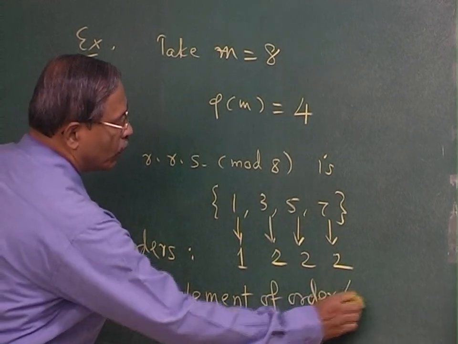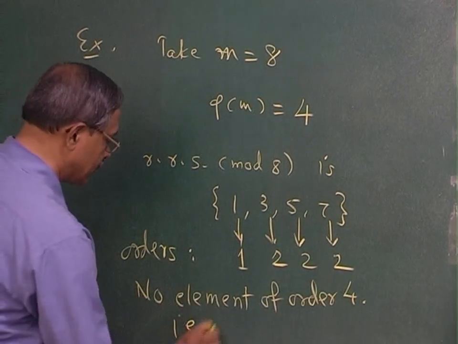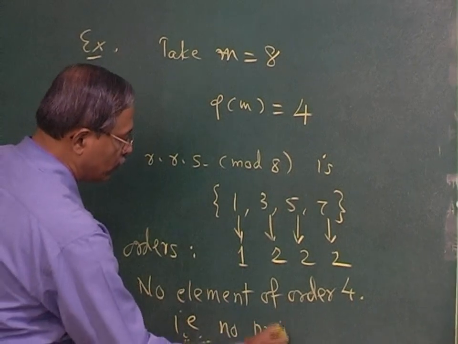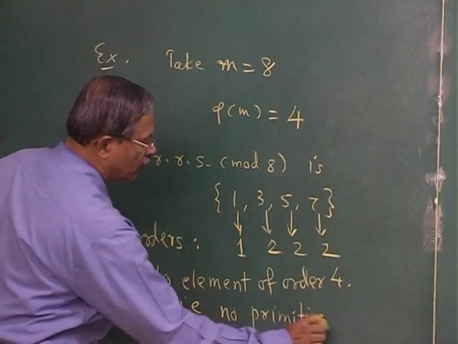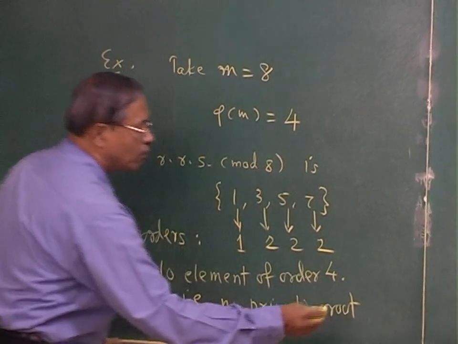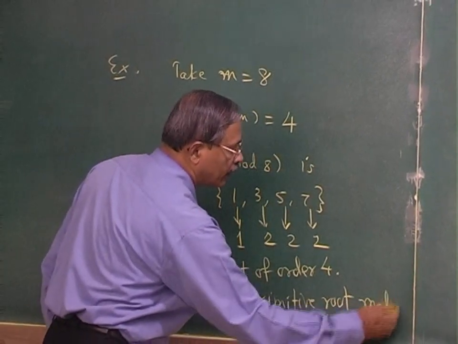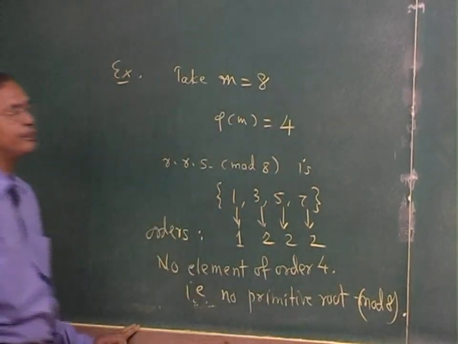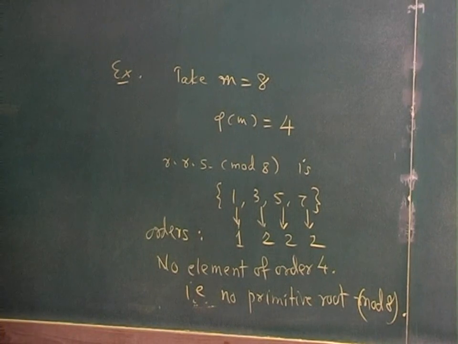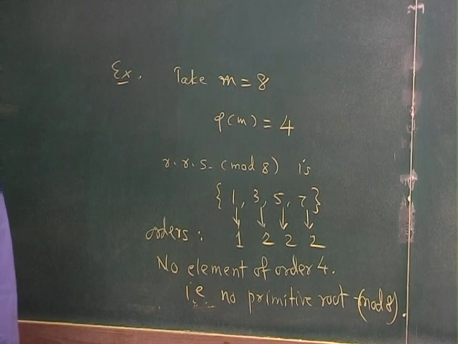That is, no primitive root mod 8. There is no primitive root, whereas for 10 there was a primitive root.